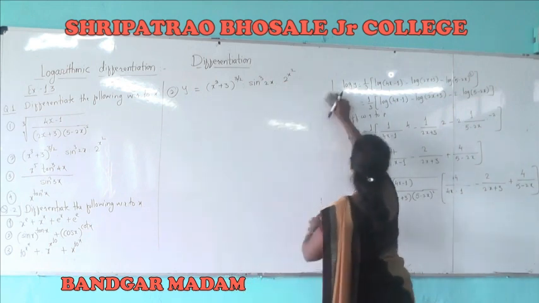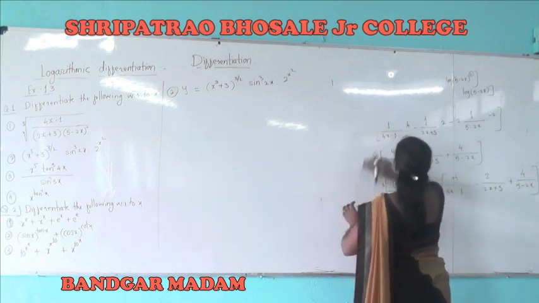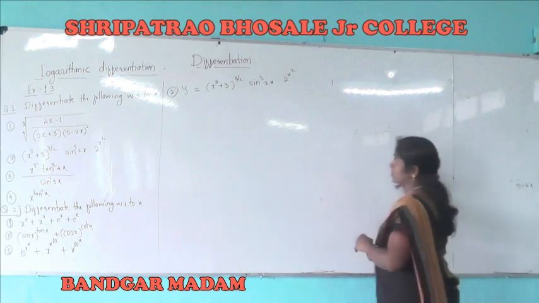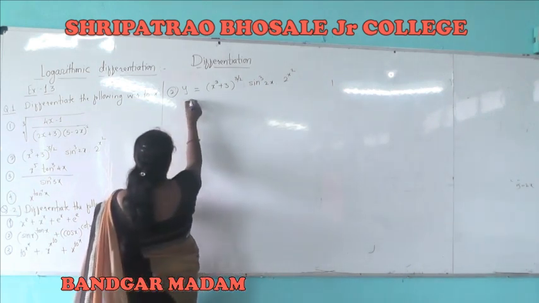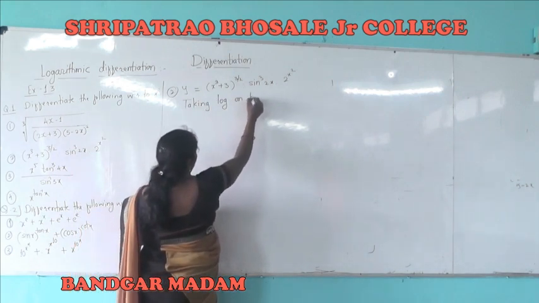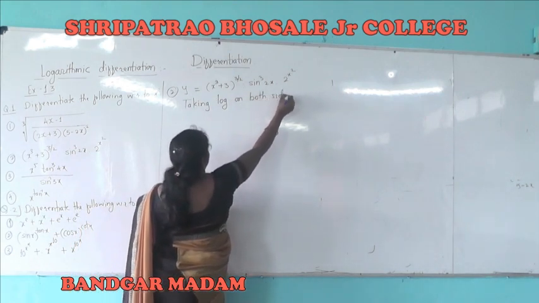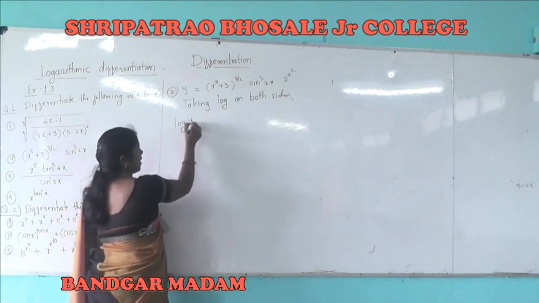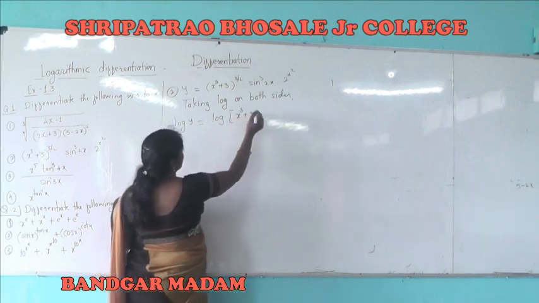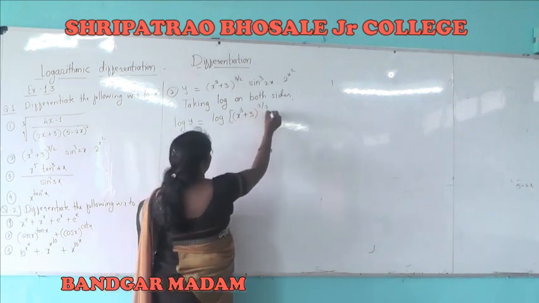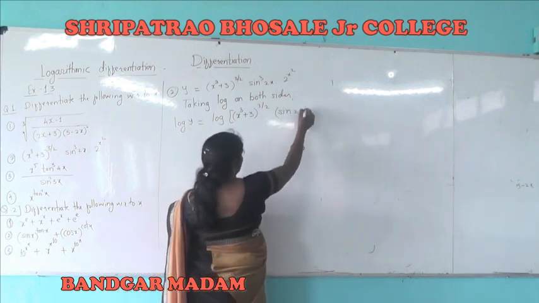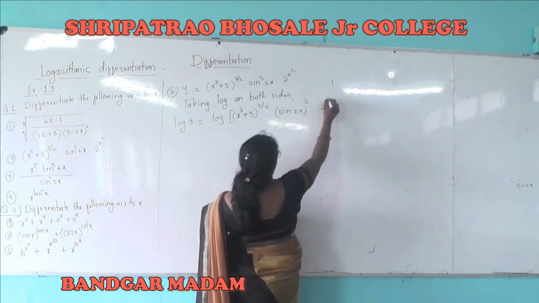Okay. Now, using product rule, by distributing log on both sides, first of all, taking log on both sides, we get log y is equal to log of x cube plus 3 raised to 3 by 2 into sin cube 2x, which will be written as sin 2x bracket cube, into 2 raised to x square.